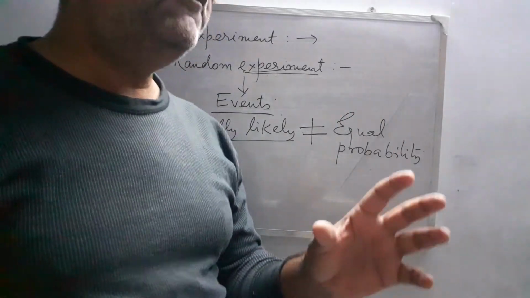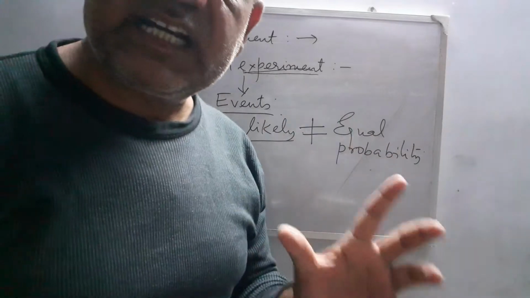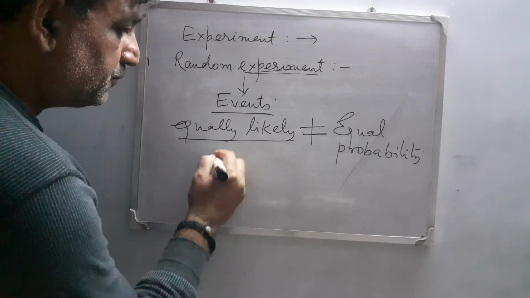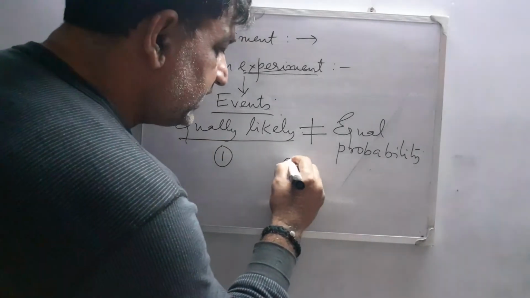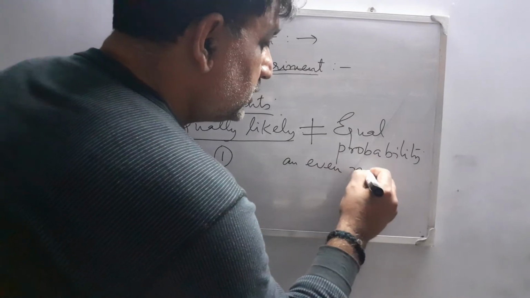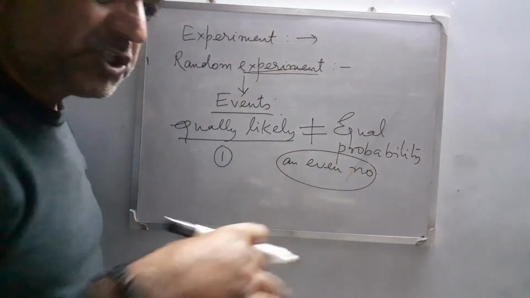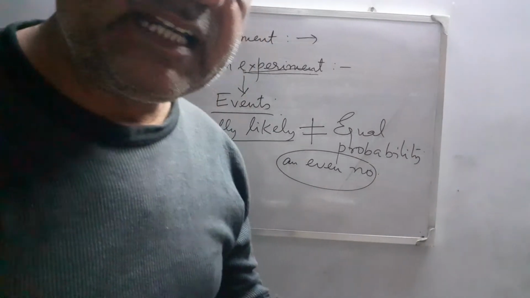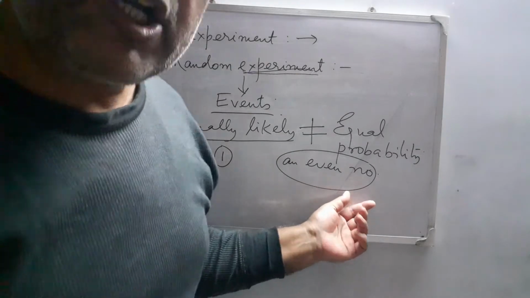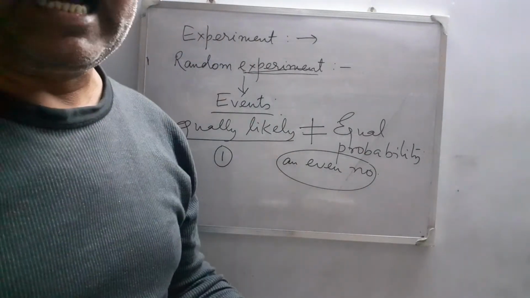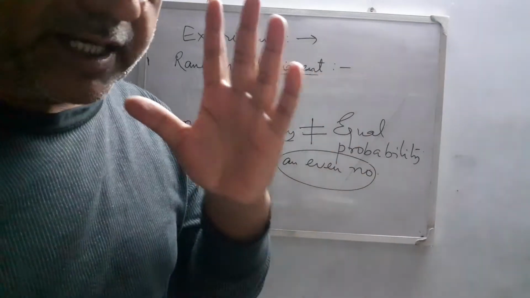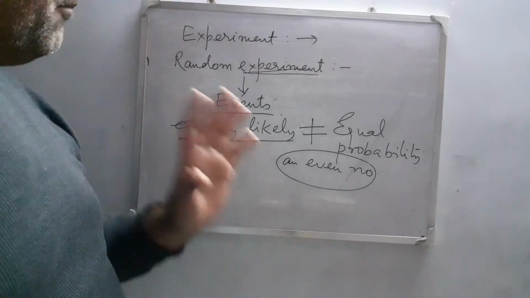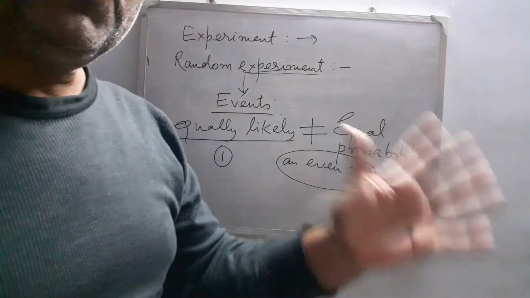For example, if a perfect die is thrown, then the occurrence of 1 and the occurrence of an even number are two outcomes that are equally likely, because we don't know whether an even number will appear or 1 will appear.